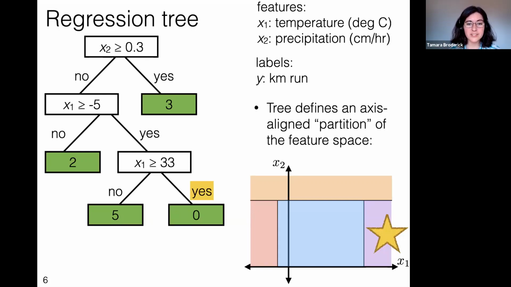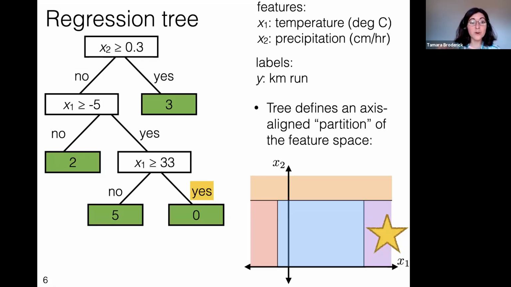And so what we're actually seeing here in this little plot that I put in the lower right-hand corner is our feature space. And if you think of this as being a three-dimensional plot where the Y label is coming out of the slides at you, then you would have your regression values, which in the case of orange is 3, in the case of red is 2, in the case of blue is 5, and in the case of purple is 0.